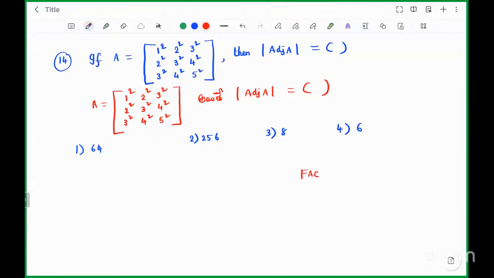Again, for the sake of practice, I am writing det of adj A is equal to (det A) to the power of n minus 1.